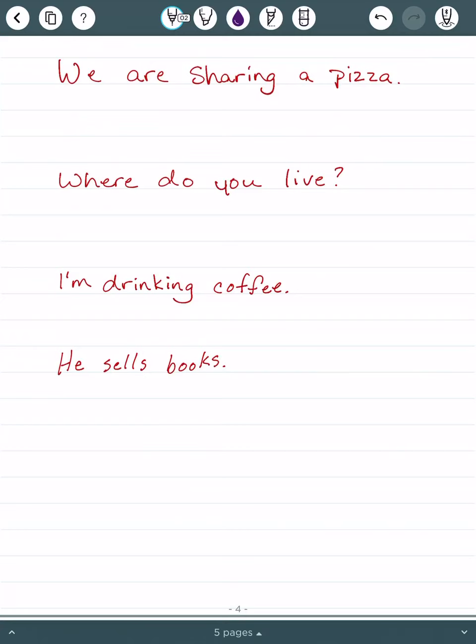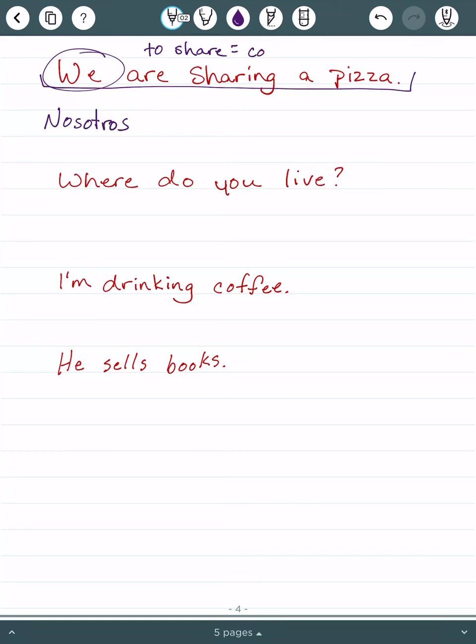So before we go, let's take a look at these sentences. So if we want to say we are sharing a pizza, we, that's our subject, nosotros. Now to say we are sharing, you need to know what to share is. So that's where, if you needed to look on your vocab list, you would need to do that. To share is compartir.